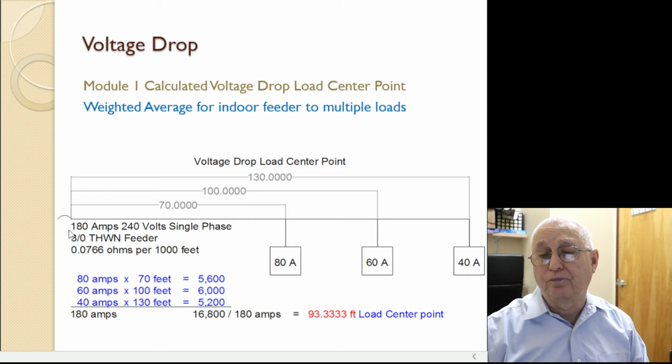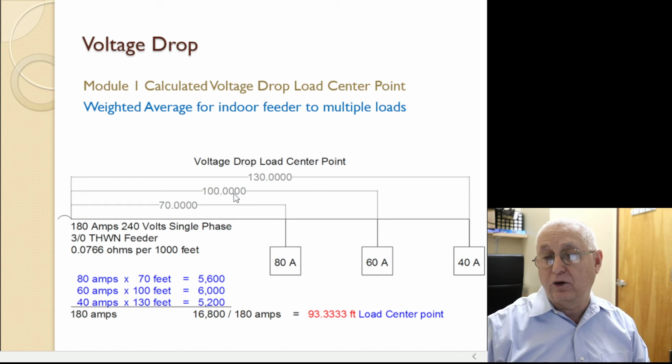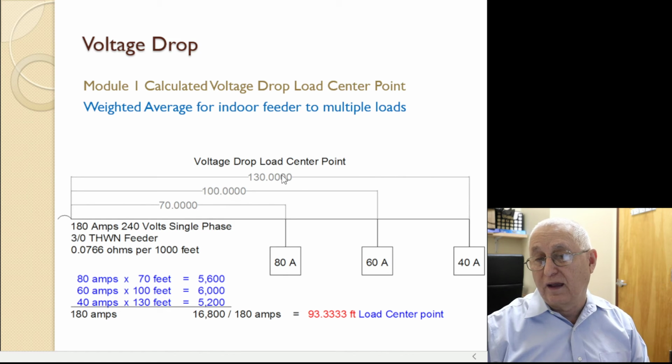Let's assume that we have a 180 amp, 240 volt, single phase, 3/0 THWN feeder, 0.0766 ohms per 1,000 feet. First, we have 70 feet to an 80 amp load. On that feeder, we have a 60 amp load at 100 feet, and at 130 feet, we have a 40 amp load.